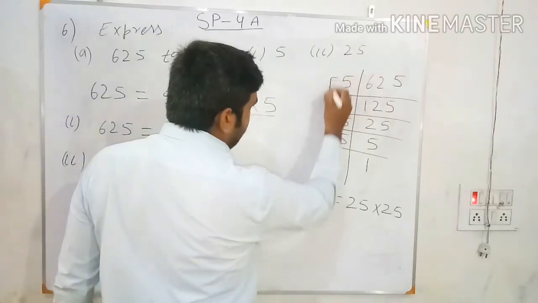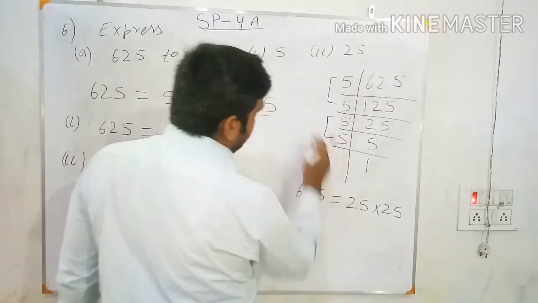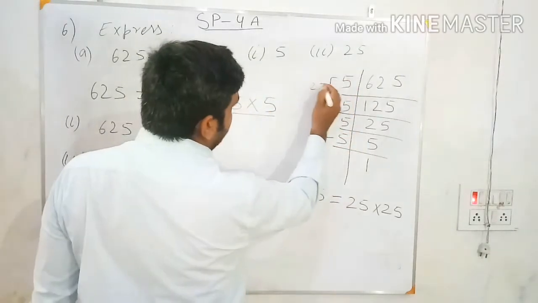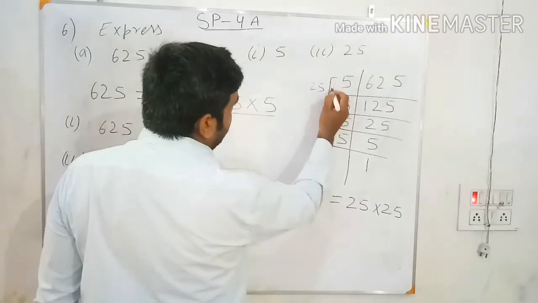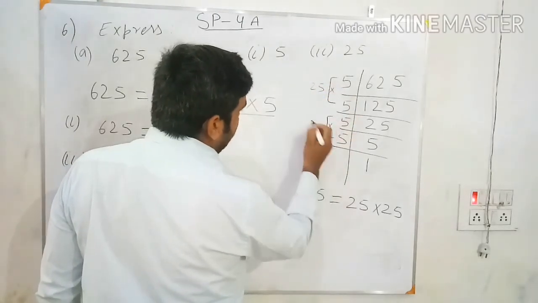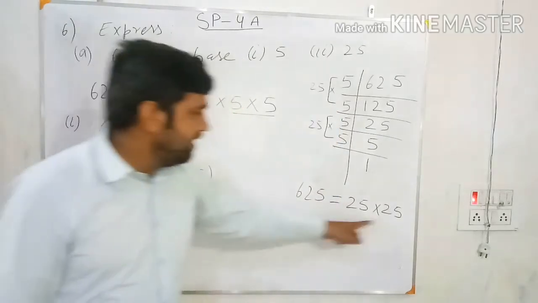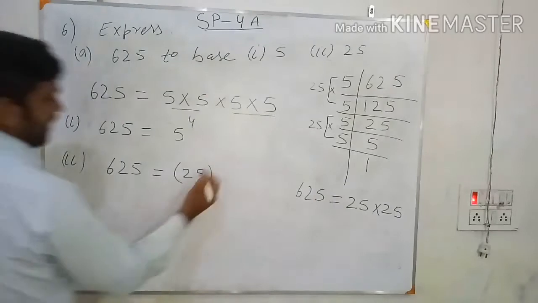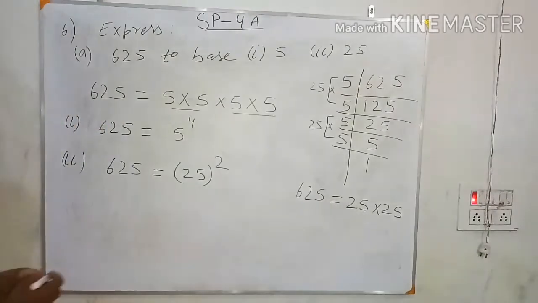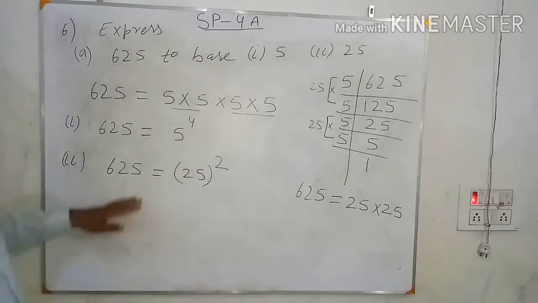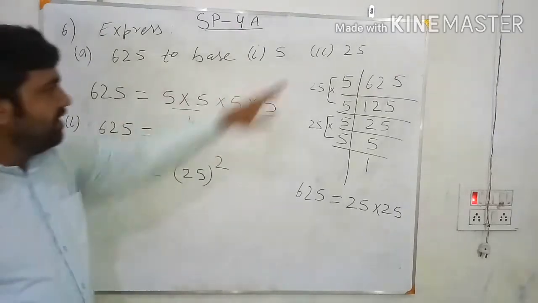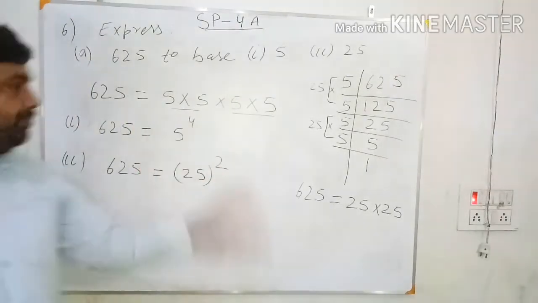Now take this pair and this pair. The value of this pair is 25 when you multiply, and 5 fives are 25. So 25 is multiplied by itself 2 times. So here the base is 25 and the power is 2. So 625 can be written with base 25 as 25 to the power 2.